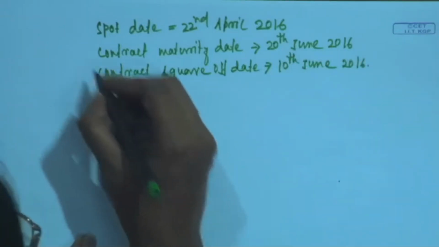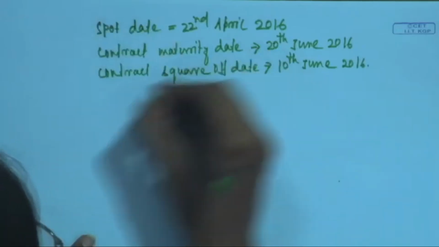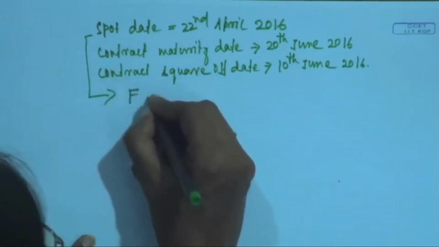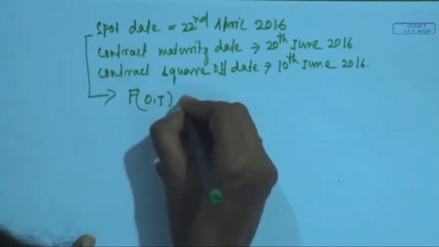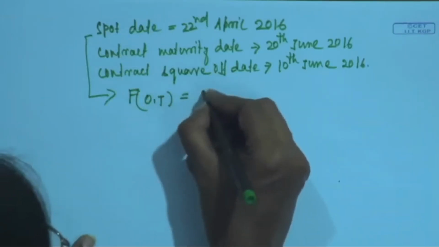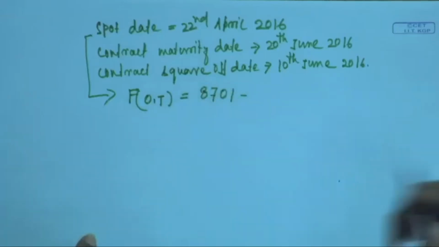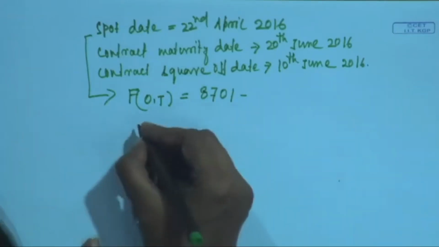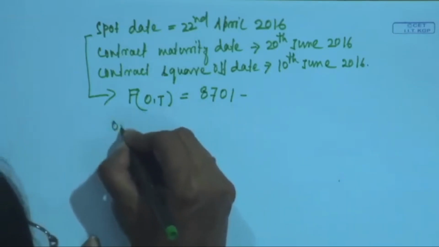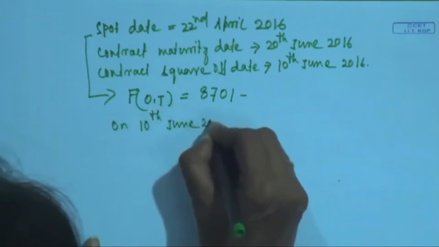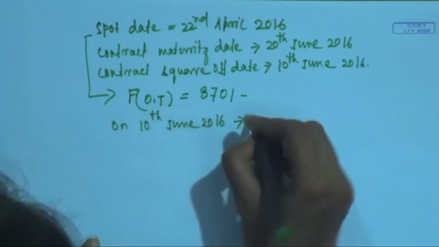So on the spot date it enters into a contract at F0T of 870. On 10th June 2016 it squares up the contract.